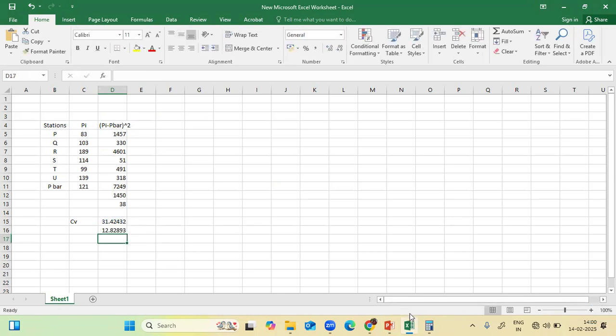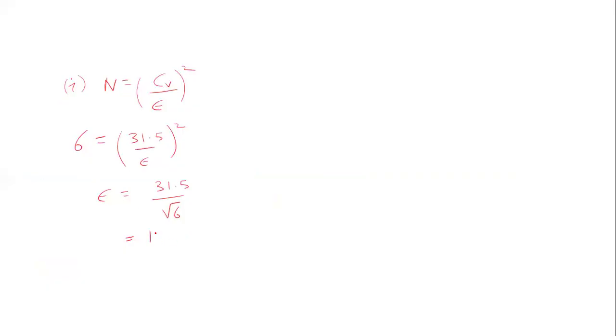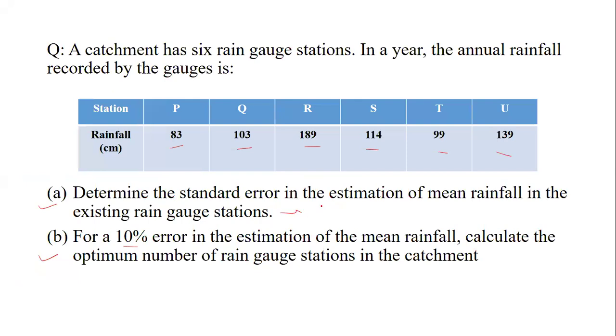This comes out to be 12.82. So in our case, the error percentage is 12.82%, which was the first part of the question that was asked.